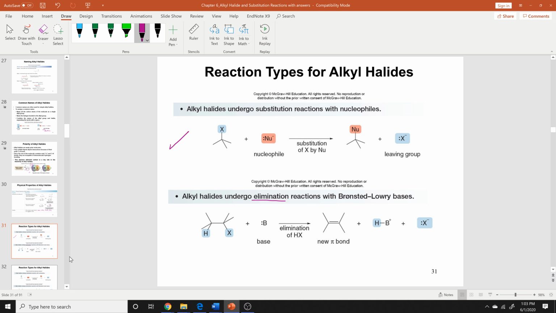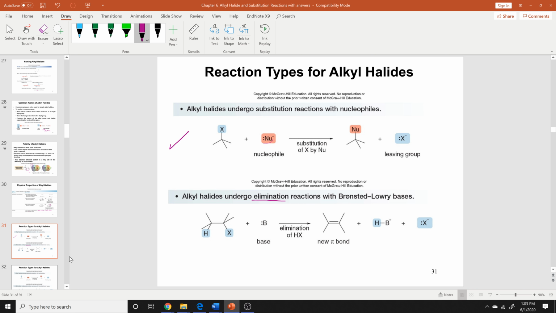We're going to explain substitution first, and then the next chapter will explain elimination, and at the end of the next chapter I'll combine both the substitution and elimination rules together. But just remember that nucleophiles act as bases. So if I have a nucleophile, it's also a base, so my product will be a substitution and an elimination at the same time. But let's go ahead and focus on that part first.